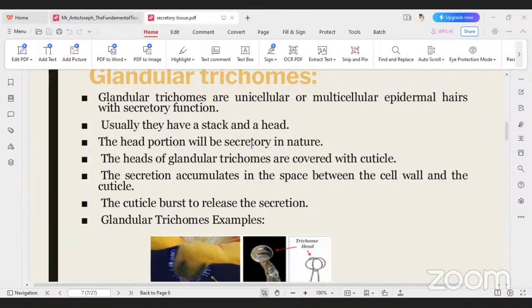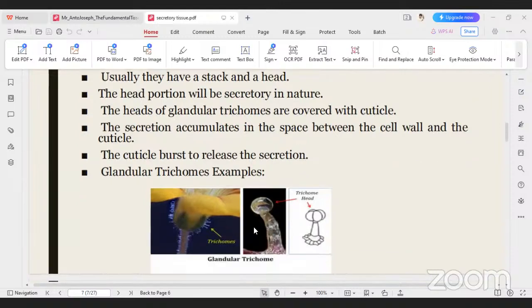They are unicellular, made up of a single cell, or multicellular. Structurally it has two parts. You can see in this diagram. Are you able to see the diagram? Hello?